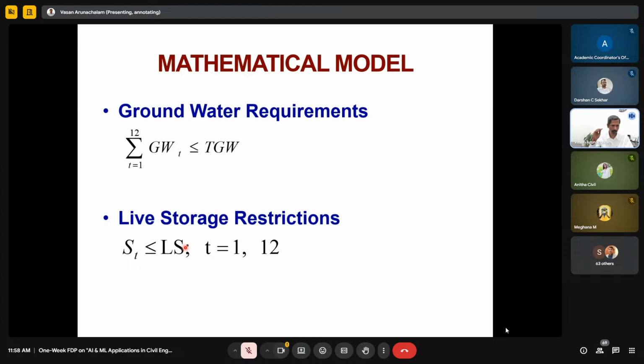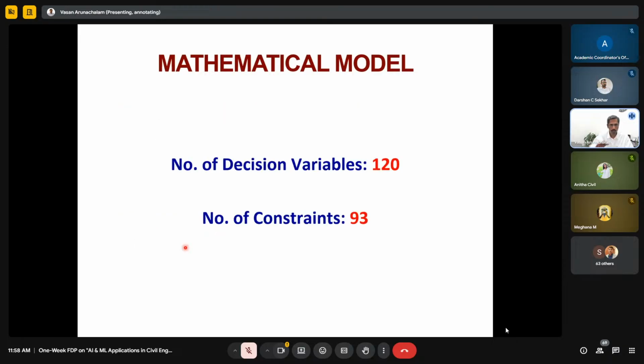I cannot cross that particular value either. Otherwise, that water is going to overflow or I will not be able to use it, right? So this, in a nutshell, is how I understood the overall model and brought it into the formulation of this mathematical model, and it came down to 120 variables and 93 constraints, right?